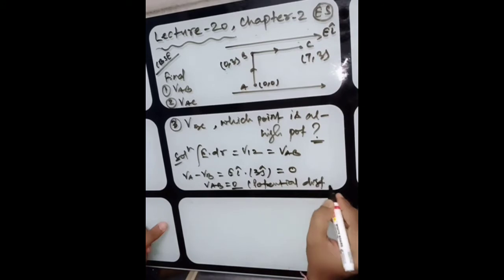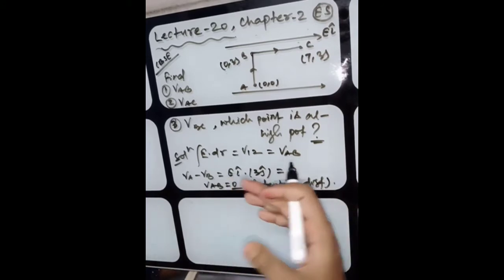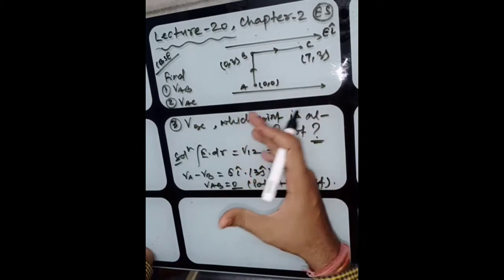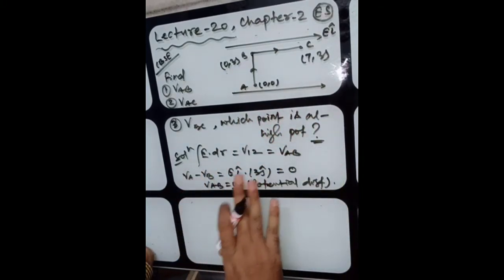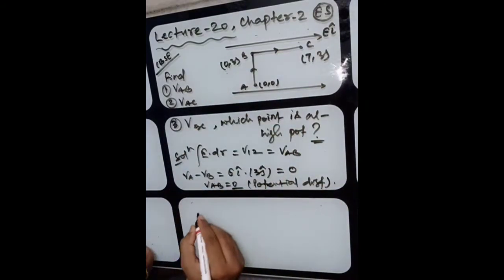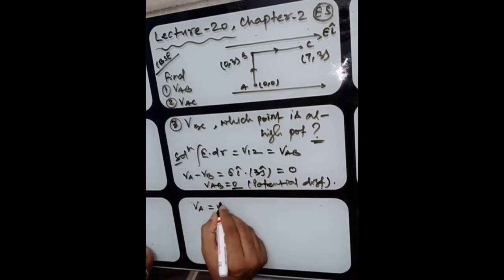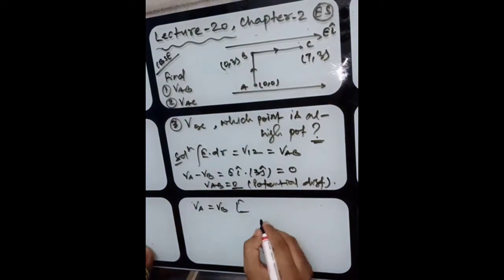In standard 10th you have already studied that the difference of potential between two points is called the potential difference. So the potential difference is 0, which means points A and B are at the same potential, V_A equals V_B, and this line is called equipotential.